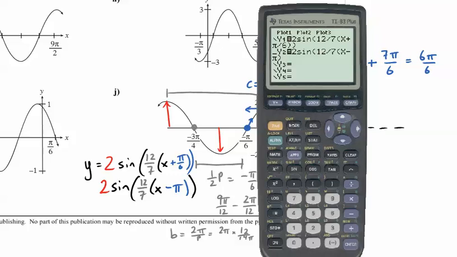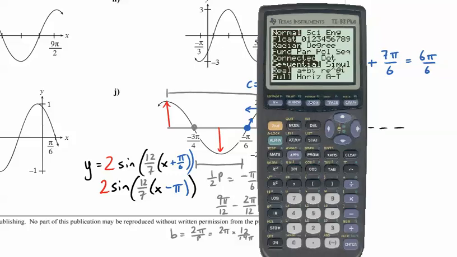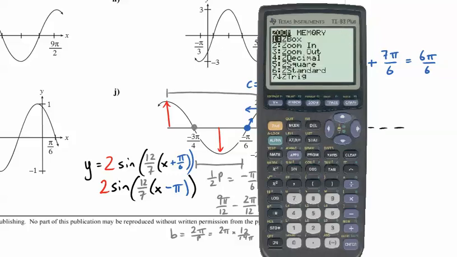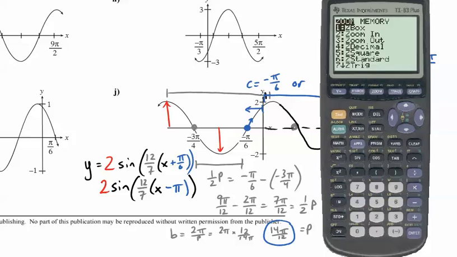Make sure I'm in radian mode, and I'll zoom trig number 7. Okay, so that looks like it's about the same shape so far. And the other one is exactly the same. Fantastic.